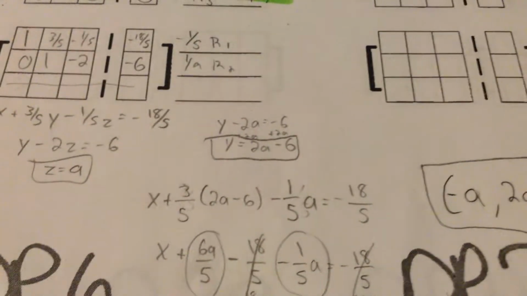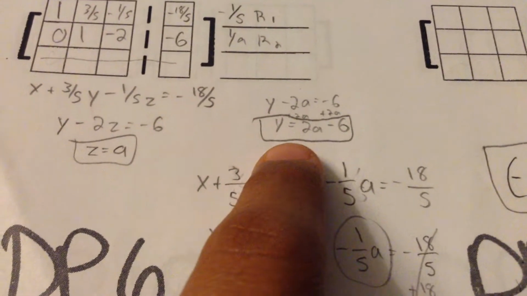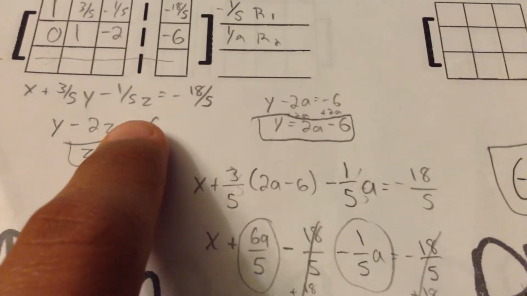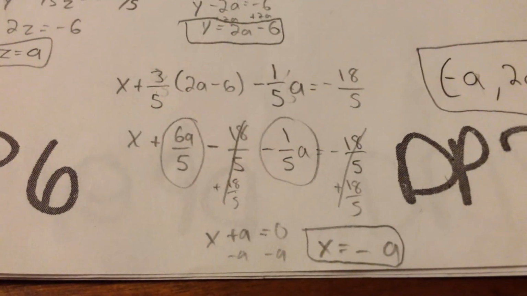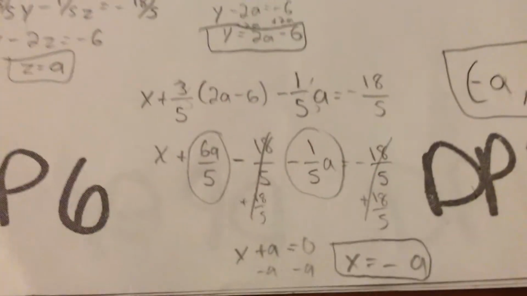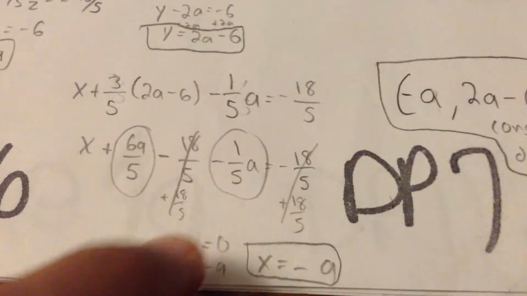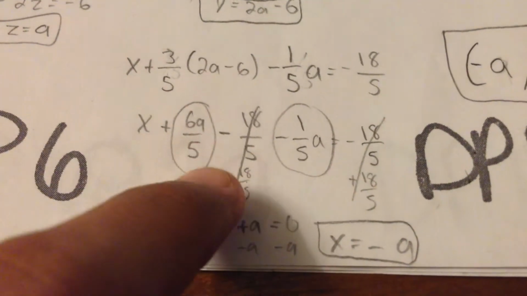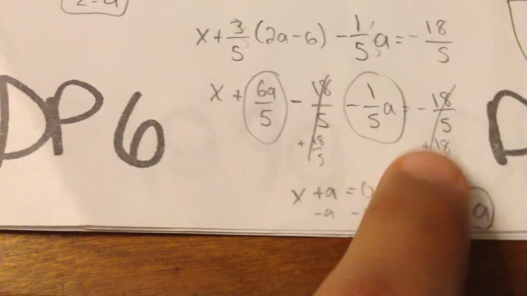Once you plug it into the third equation, you have x plus 3/5 times y, which is 2a minus 6, minus 1/5 times z, which is a, equals negative 18/5. You plug in the values you found previously and distribute, and you're left with this. Now you can combine these two, and you're left with 5/5 a, which is 1a, and then the negative 18/5 and negative 18/5, when you add them, cancel out.